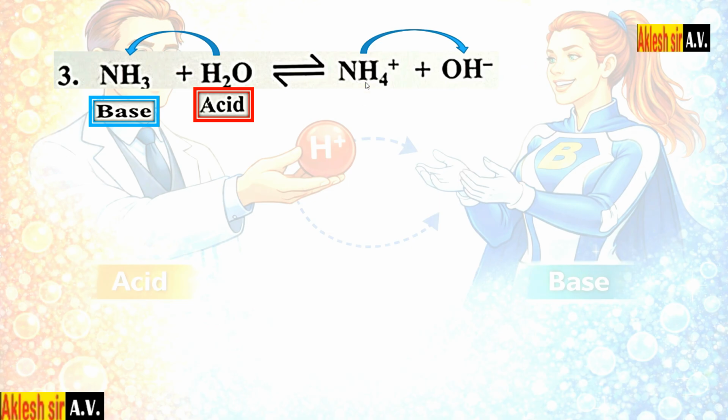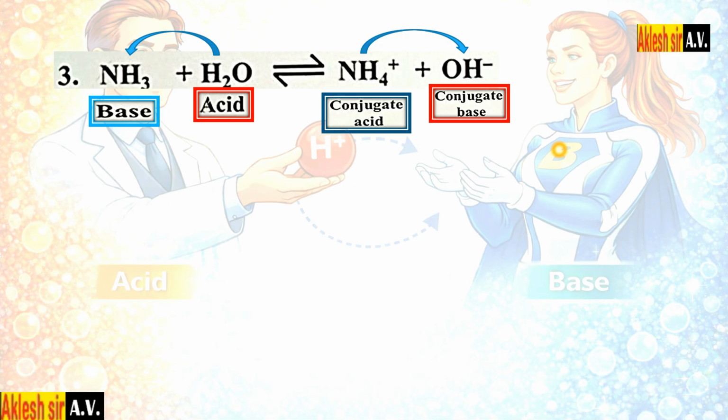Since ammonium ion is donating the proton, it is acting like a conjugate acid, and OH minus is accepting the proton, so it is the conjugate base. Ammonium and ammonia have one proton difference, therefore they are a conjugate acid base pair, and water and OH minus is also a conjugate acid base pair.